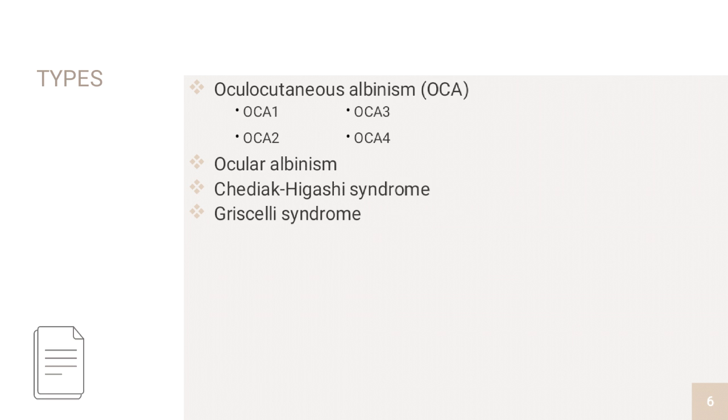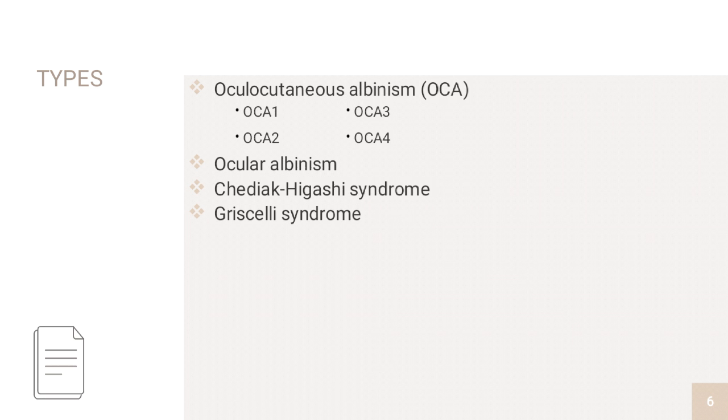The third type of OCA is OCA3. OCA3 is a defect in the TYRP1 gene. It usually affects people with dark skin, particularly black South Africans. People with OCA3 have reddish-brown skin, reddish hair, and hazel or brown eyes.